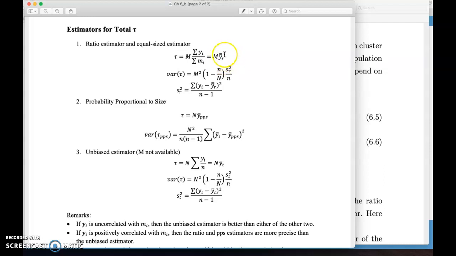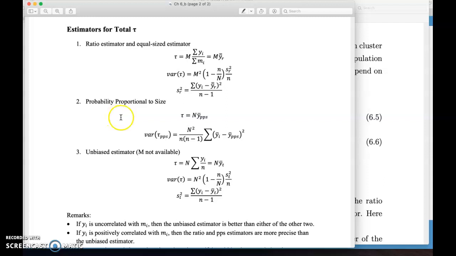So the per capita average is obtained from the ratio estimator. If we multiply that by the capital M, the total number of elements in the population, we can find the total. So the estimated variance of tau is M squared multiplied by the finite population correction factor times SR squared over N.